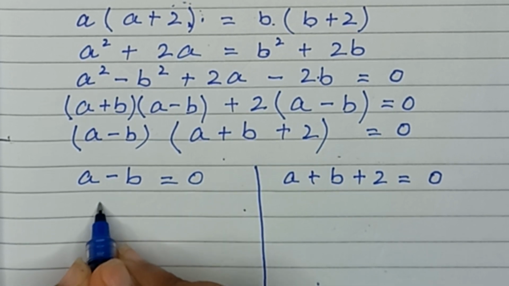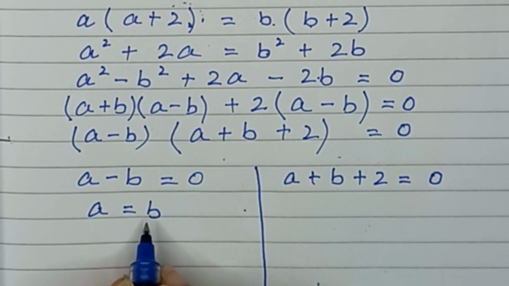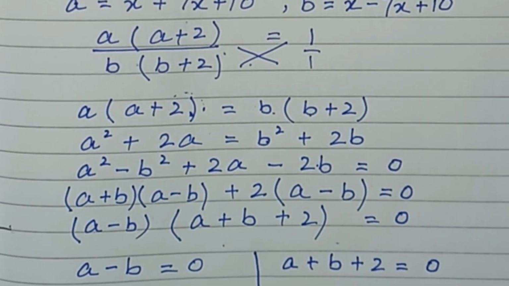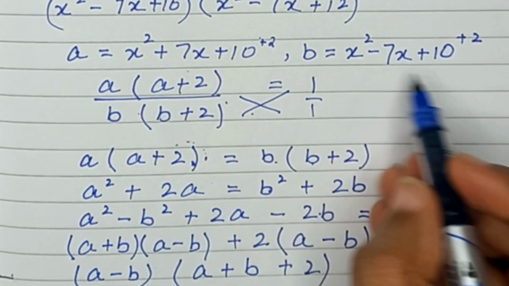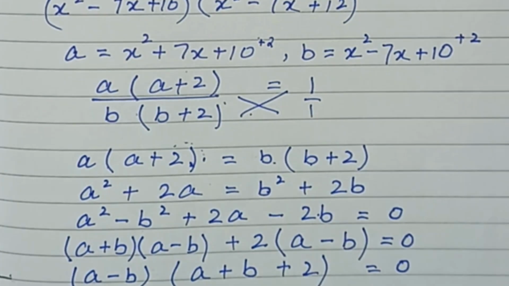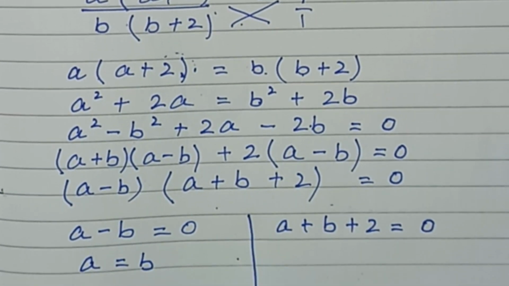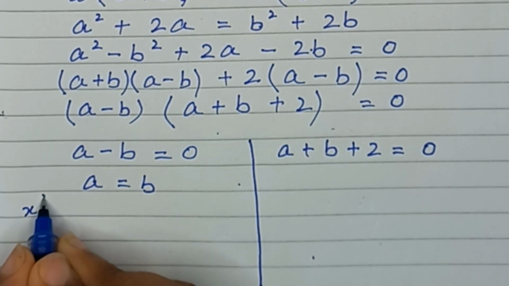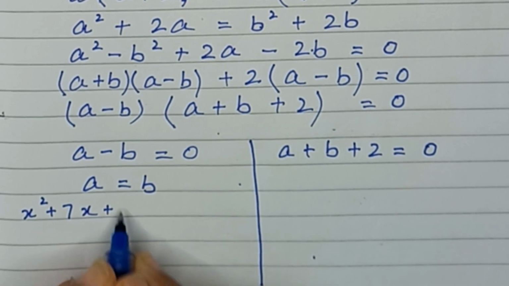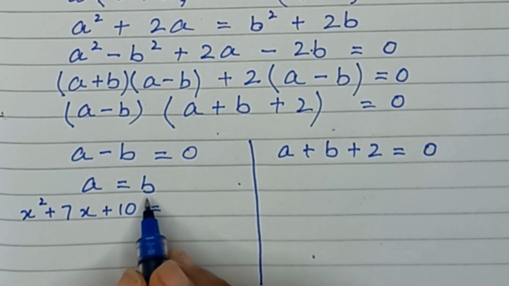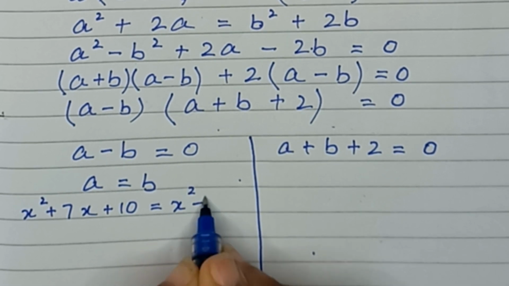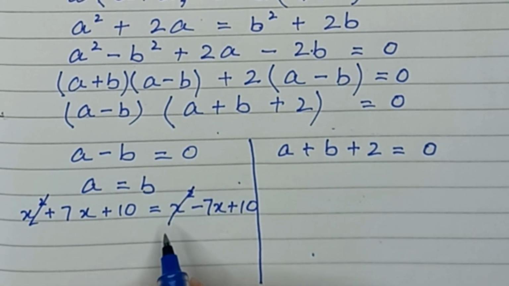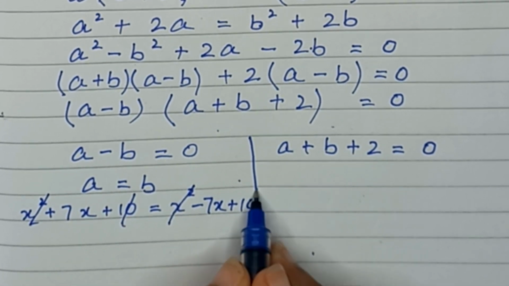So from here we have a equal to b, but a is equal to x square plus 7x plus 10 and b is equal to x square minus 7x plus 10. So we will substitute the values of a and b. It will become x square plus 7x plus 10 equal to x square minus 7x plus 10. So x square and x square will cancel out, and 10 will cancel out.